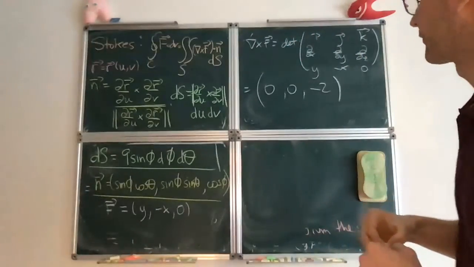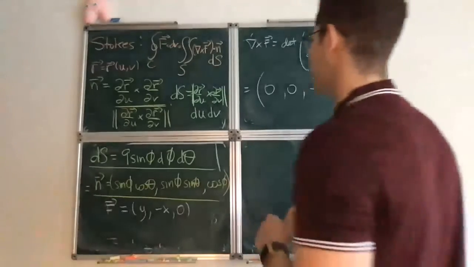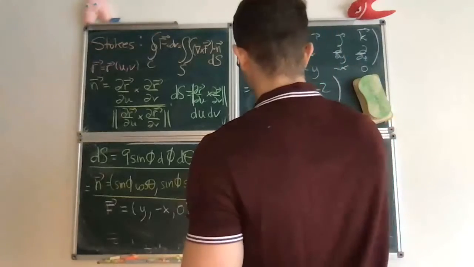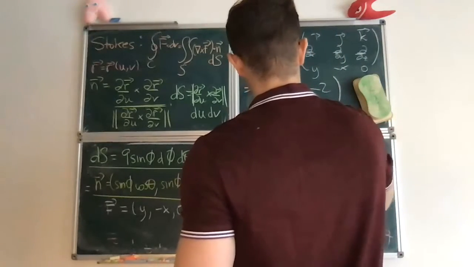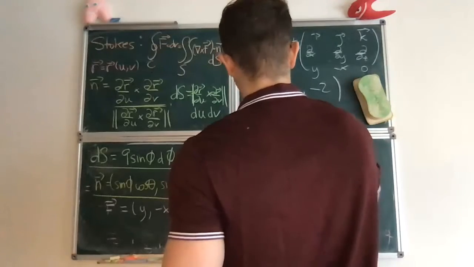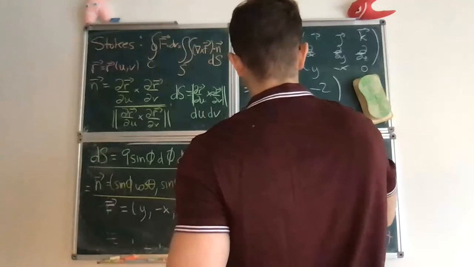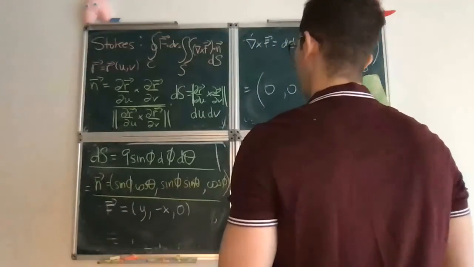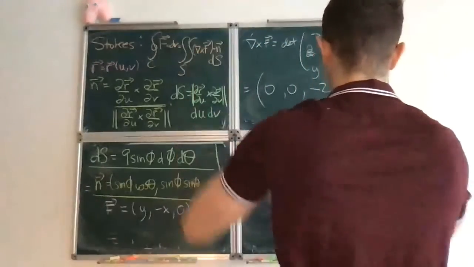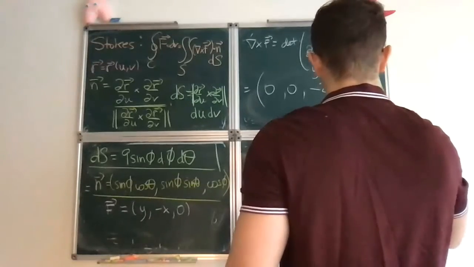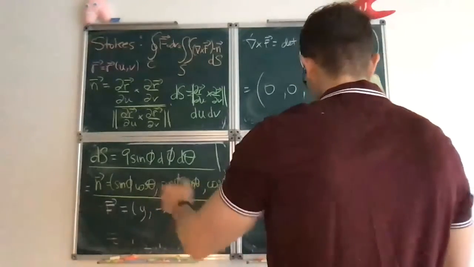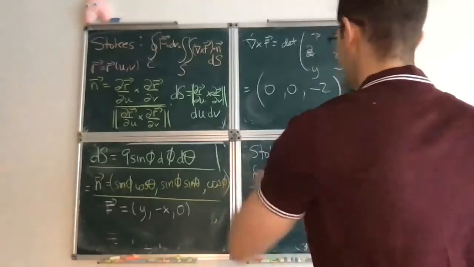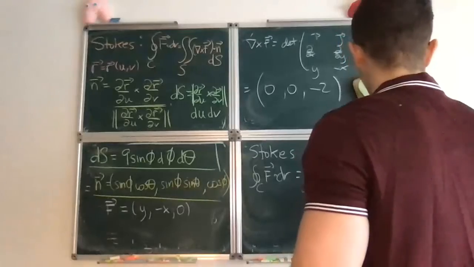So what finally Stokes' Theorem says is that the work, which is the other notation for work, is just the integral over the surface of the curl, which is 0, 0, negative 2, dot n, and I won't write all of n now because notice that the only thing that survives is the third entry times dS.